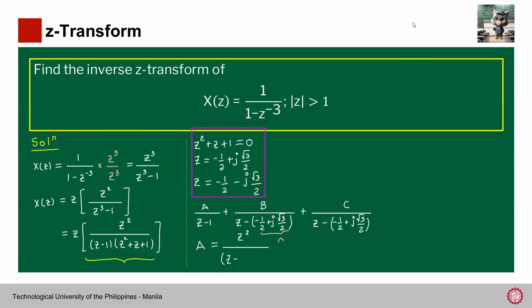I'll just use lowercase letters so you won't be confused. So this is A and this is B. So this is Z minus A over Z minus B.